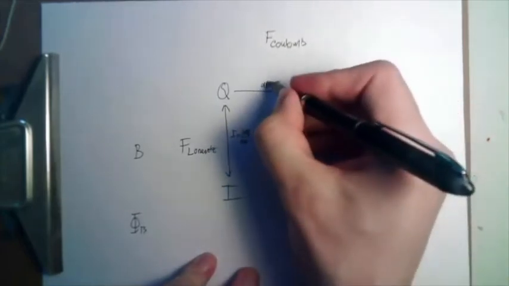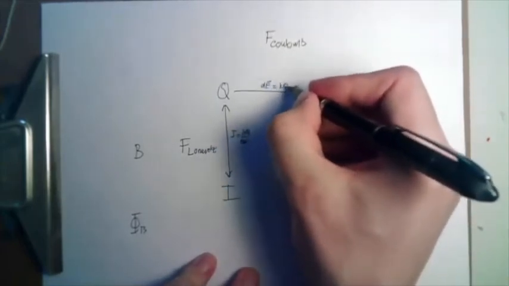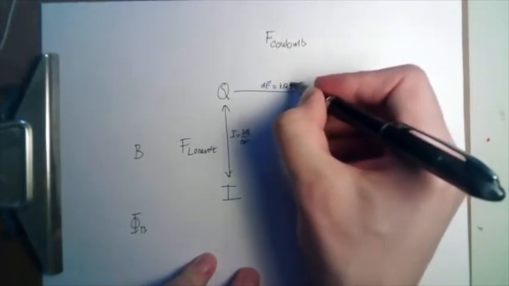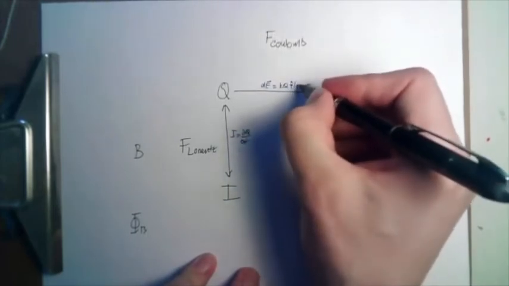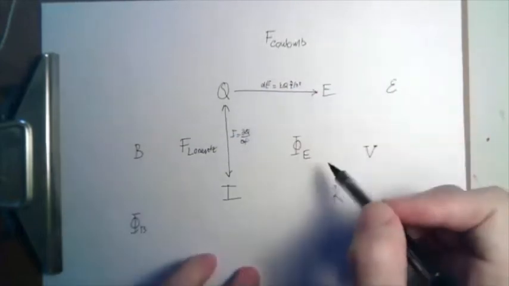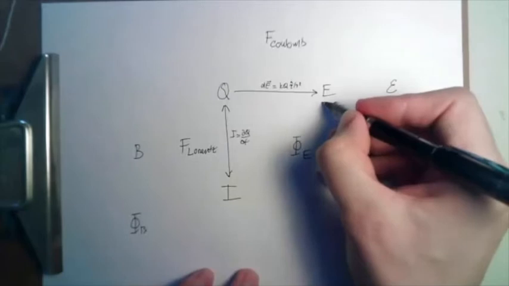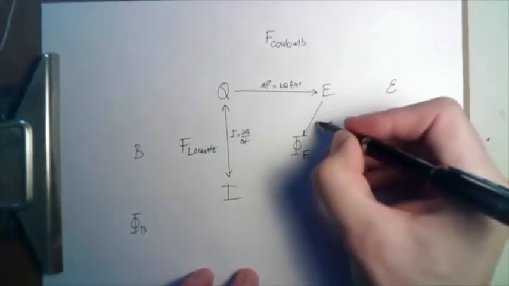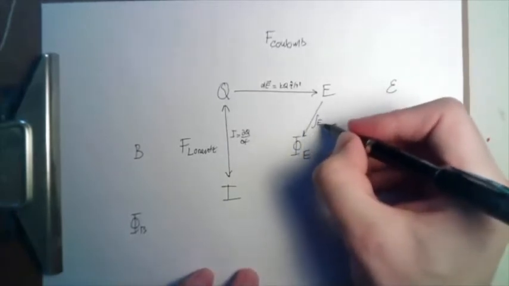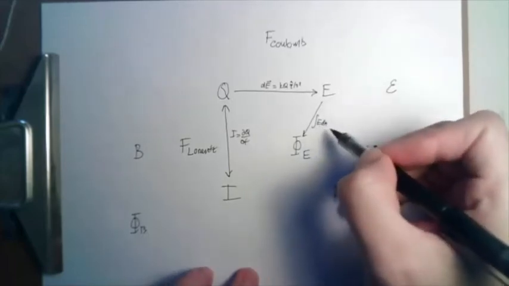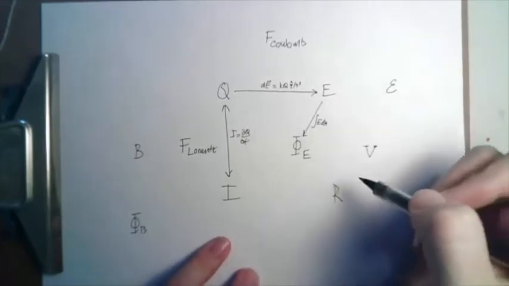So there's dE is kq r-hat over r squared. And then with an electric field, there's an associated quantity. That's the integral of E dA. I'm going to drop all the vector signs, because otherwise it gets a little messy.